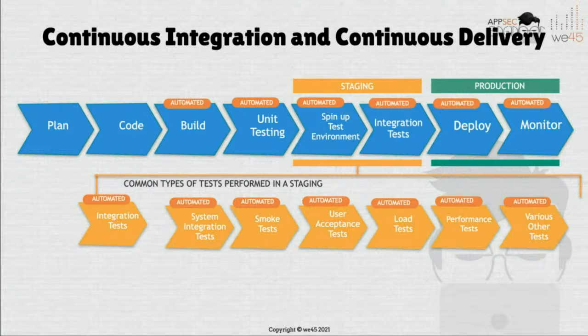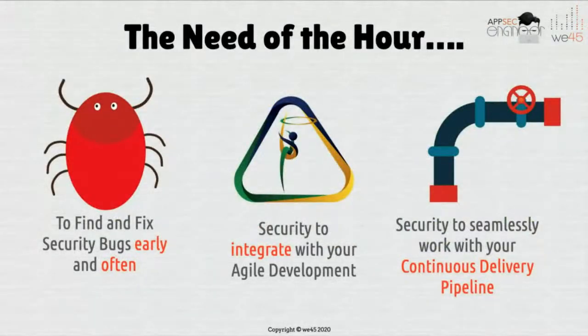But one of the key things that is missing in this entire approach is security, right? So the need of the hour right now is to find and fix some of these security bugs that can potentially pop up as early as possible, at the same time as often as possible.